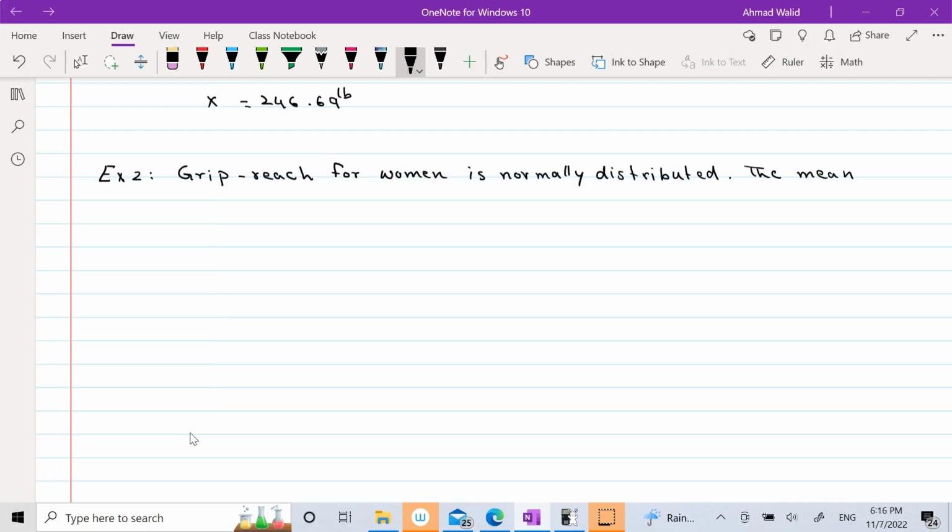The mean is 27.0 inches, and a standard deviation of 1.3 inches.